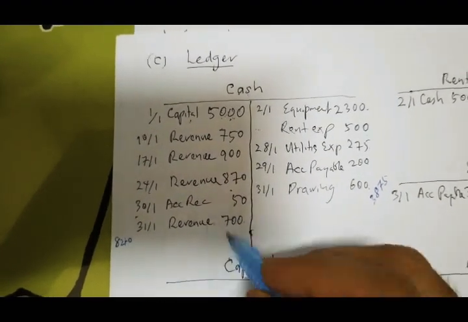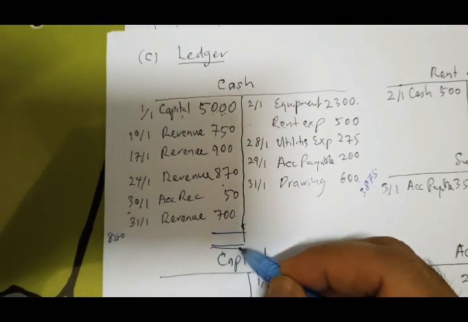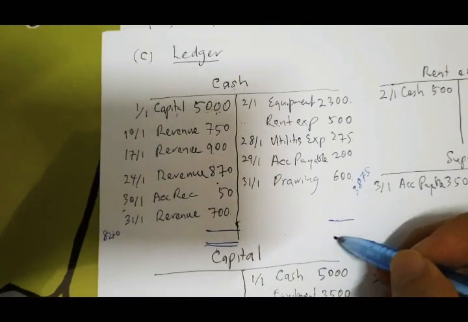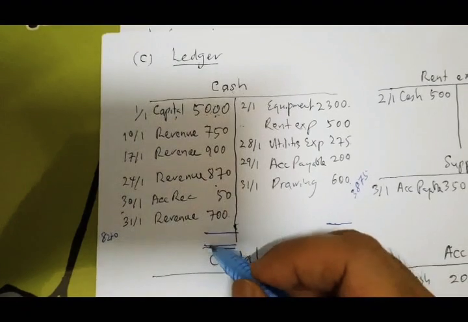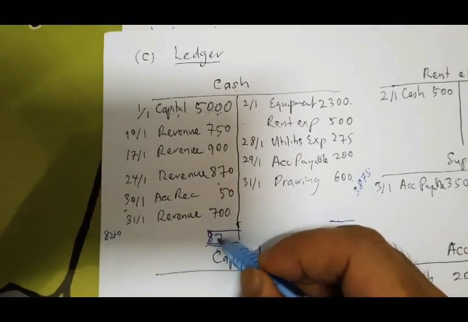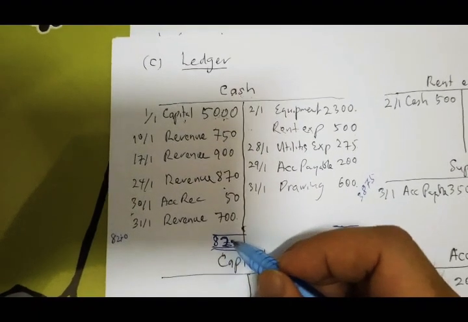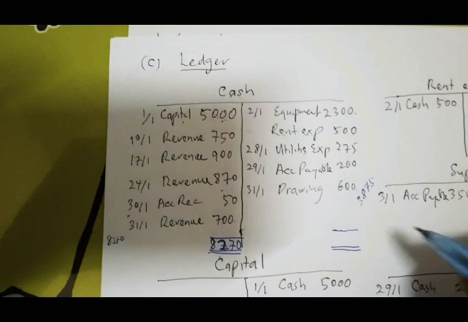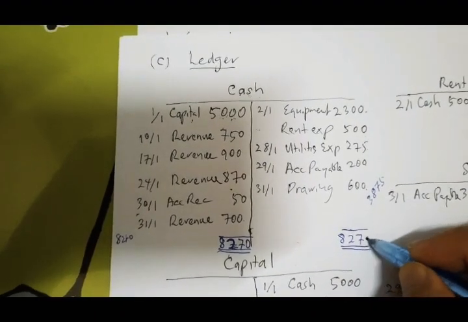You put the highest number in the total of the account, in both the debit and credit side. Here you write 8270, and here you also write 8270.